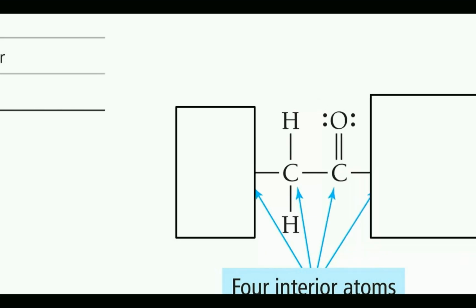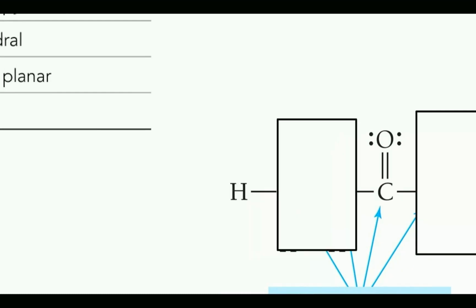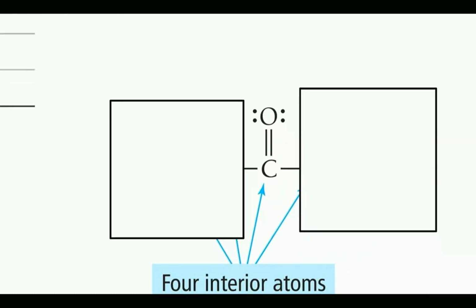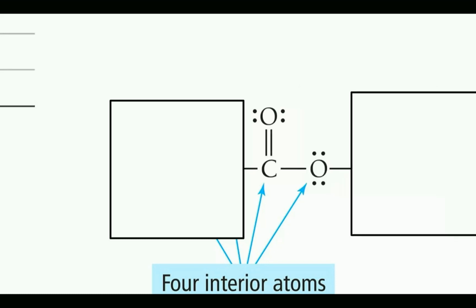And then we move to the next interior atom, say carbon. How many bonding groups does it have? 3. Does it have any lone pairs? Nope. So what would its shape be? Trigonal planar. So we say, okay, that one's trigonal planar, and then we can move on to the next one.